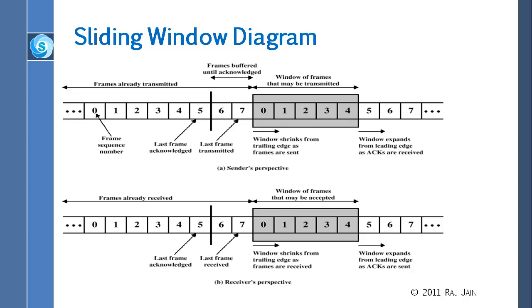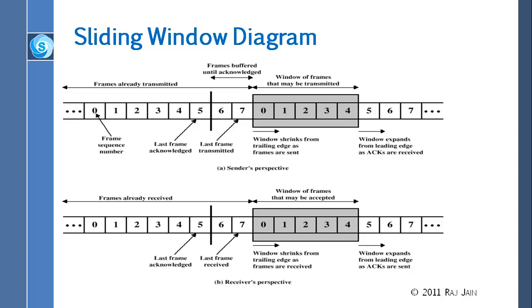If we send the next packet which is 0, then the window goes down by 1. If the next packet is acknowledged, then this edge goes up. So this edge goes up when the packet is acknowledged. This edge goes up as the packet is sent. And this is the window that can be sent. So the receiver says you can send up to packet number 4, but we have sent only up to 7, so we can send 0, 1, 2, 3, and 4. So this is the window of the packets that can be transmitted.